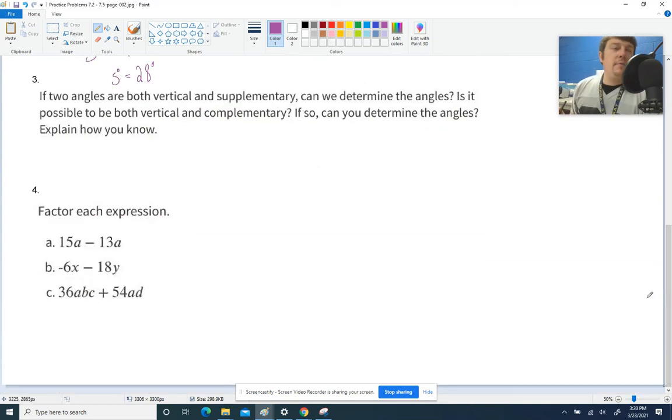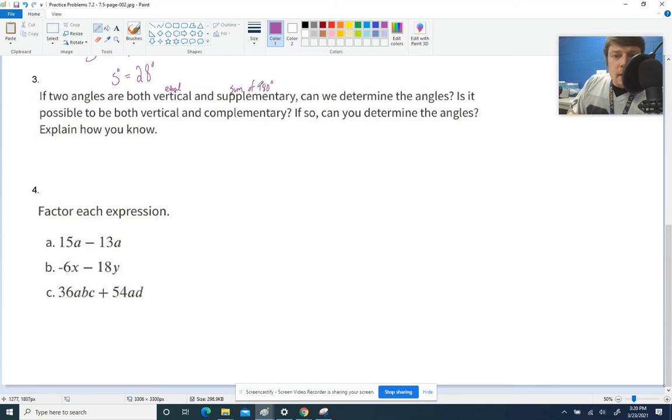All right, moving on to number 3. If you have two angles that are both vertical and supplementary, that means they equal each other and they have a sum of 180 degrees. Can we determine the angles?